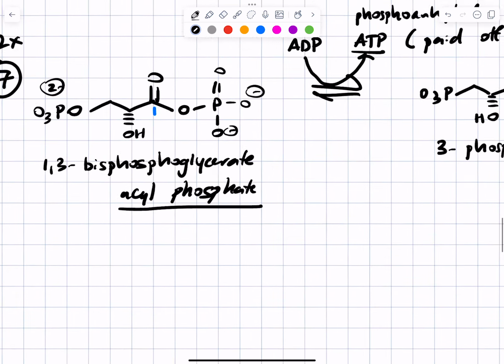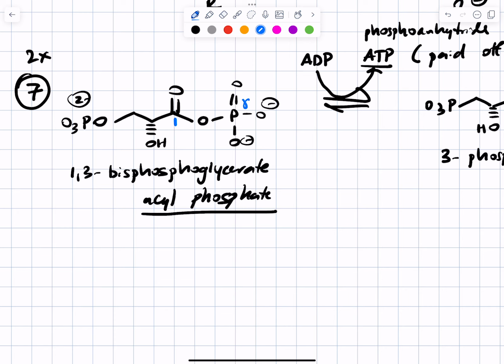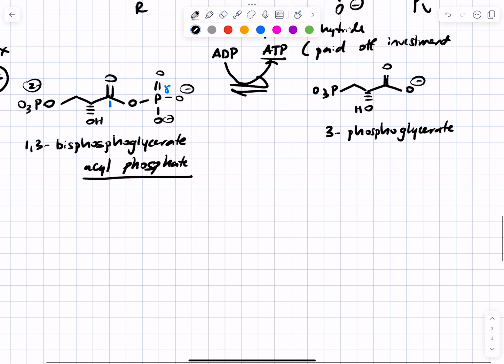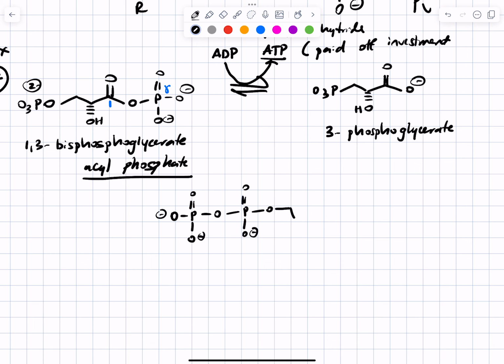So how does this mechanism work? This phosphorus here is going to become the gamma phosphate group of ATP. I will draw just the phosphate portion of ADP. Oh shoot, now I'm in it, so we may as well continue.